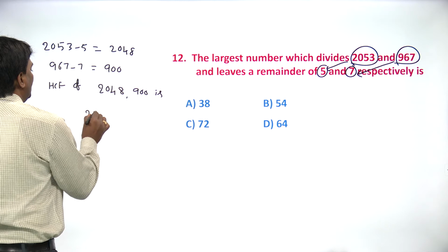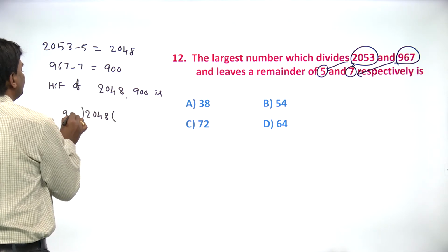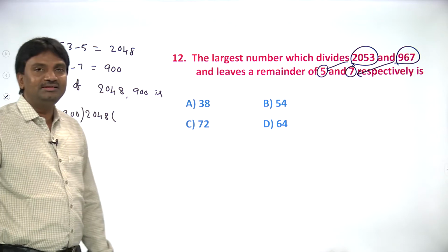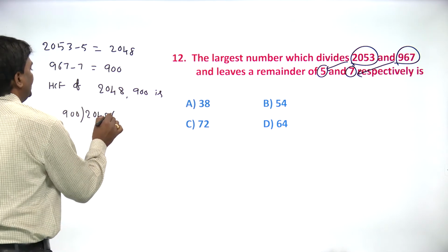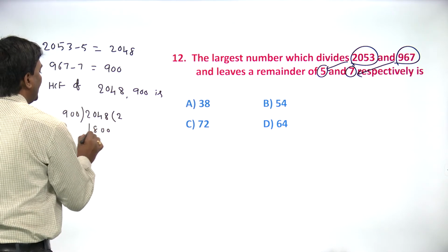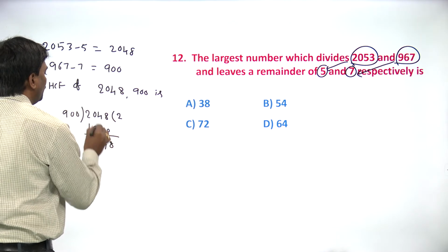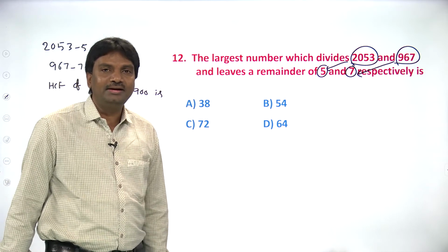So, dividing 2048 by 900: 9 threes are 27, but here we have 2048, so 900 into 2 is 1800. 20 minus 18 is 2, and we have not gotten the remainder as 0.